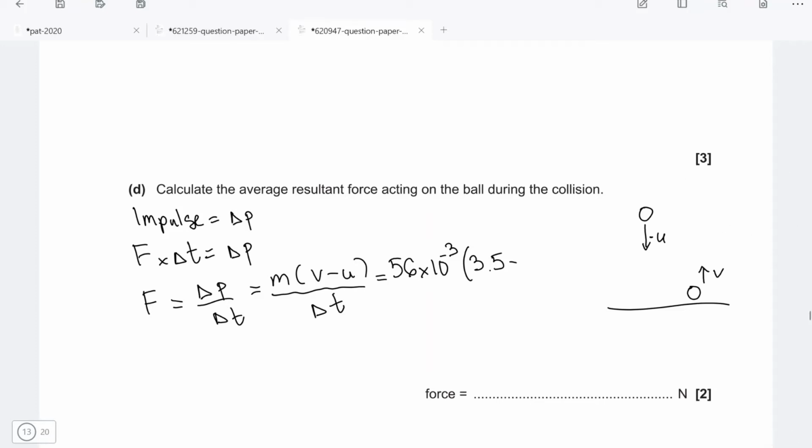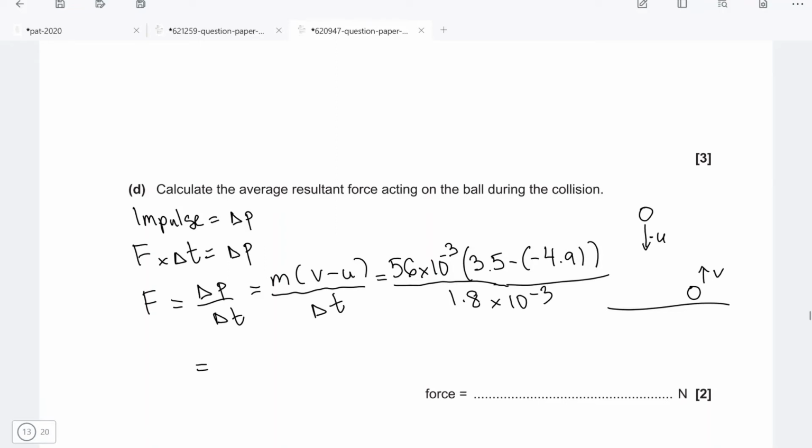So this will be minus negative 4.9, divided by delta t, the time of impact, which is 1.8 milliseconds. So that's going to be 1.8 times 10 to the power of minus 3.